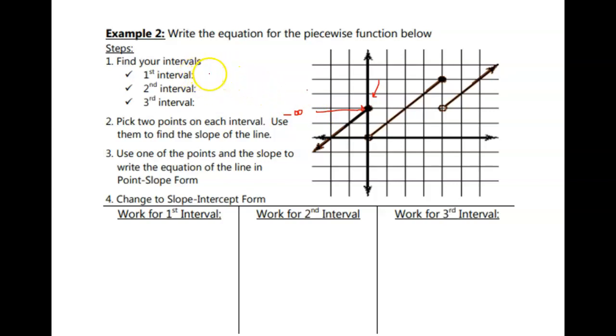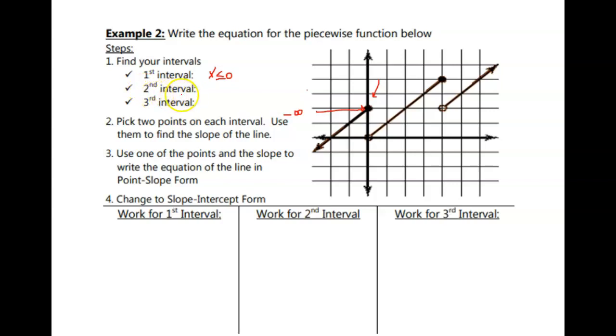So I would just put when x is less than 0. Now be careful. I look at this point. Is it going to include 0? I notice it's closed in, so it will. So this is not only just less than 0, this is less than or equal to 0.